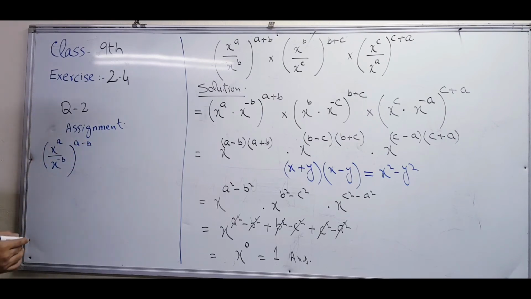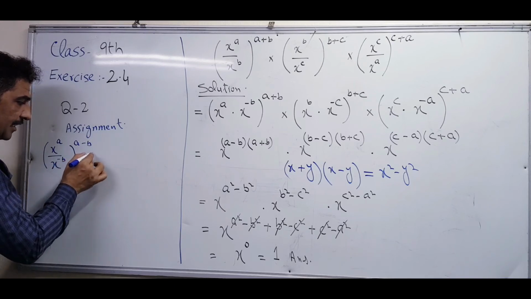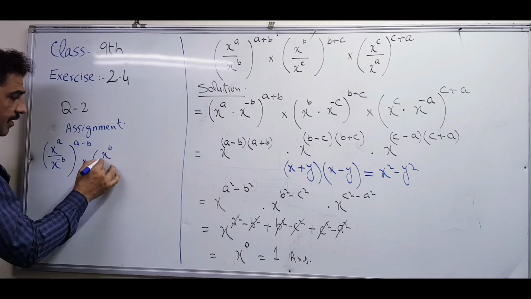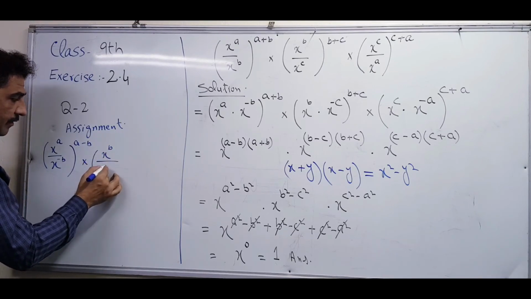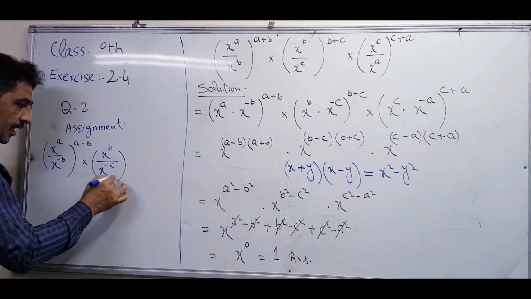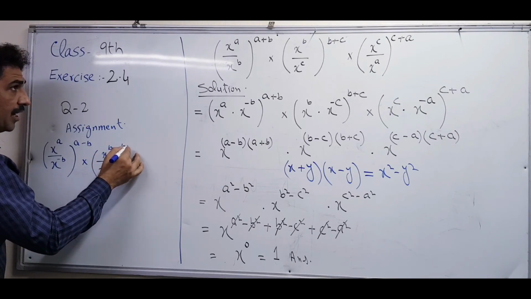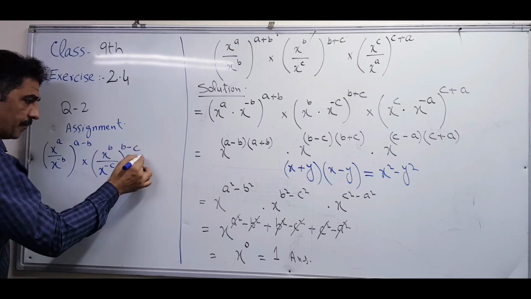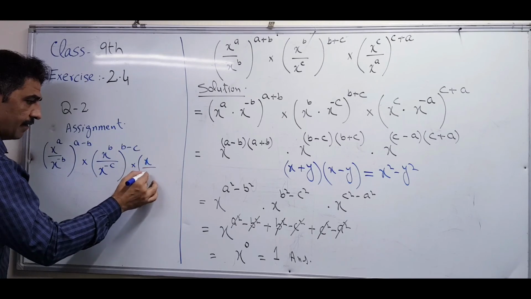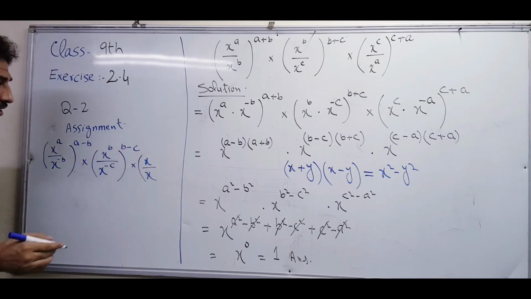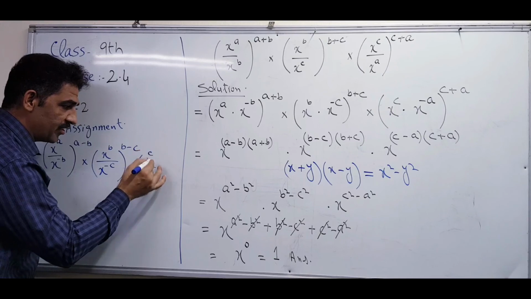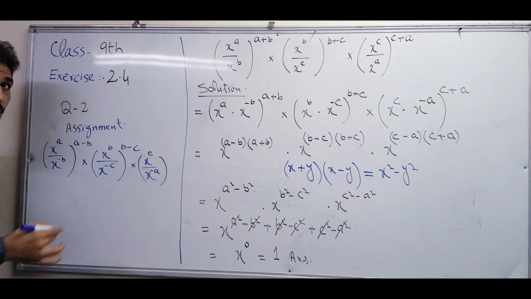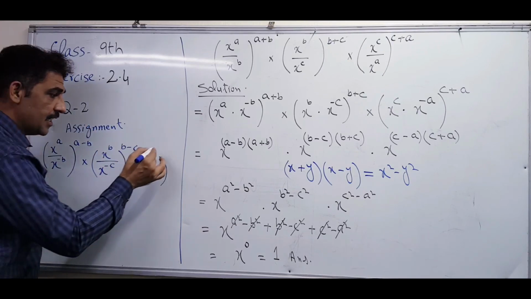I will change the sign. Then the second term is also the same: x exponent b, denominator minus c, and whole power b minus c. And the third term again x exponent c, denominator minus a, and whole power c minus a.